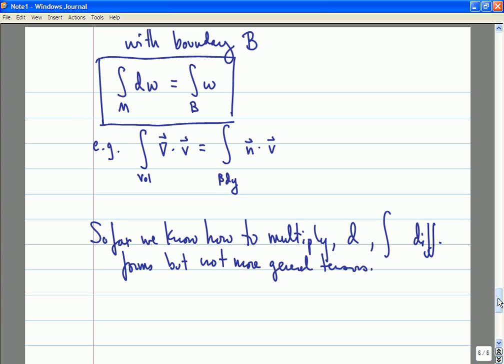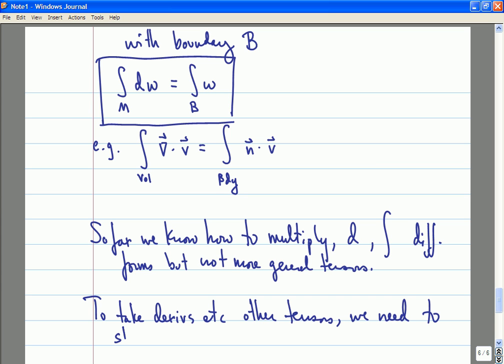In particular, to take derivatives or to integrate other tensors, we need to understand what a metric is and what its implications are for the geometric structure of space. And that's where we're going now. But before we do so, I'd like to pause and see if there are any questions.